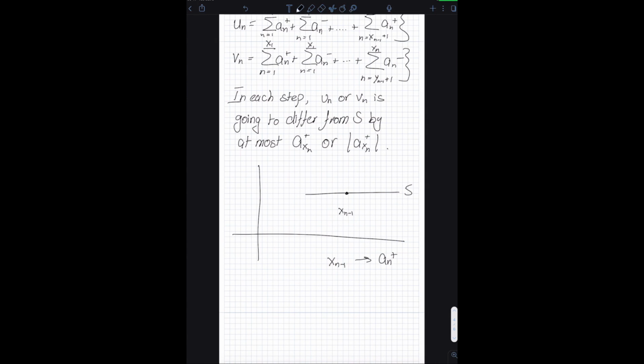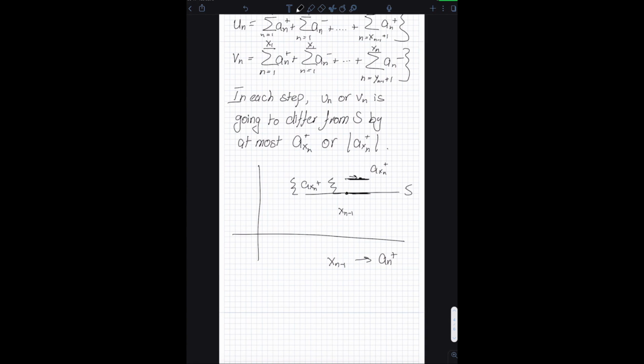Doesn't matter. But if it is equal to s, the very next time I add something, it's going to be a of xn plus, because that's the next term in the sequence of positive terms. And let's say that brings me to this point. So the maximum distance between this point and s will be at most a of xn plus.